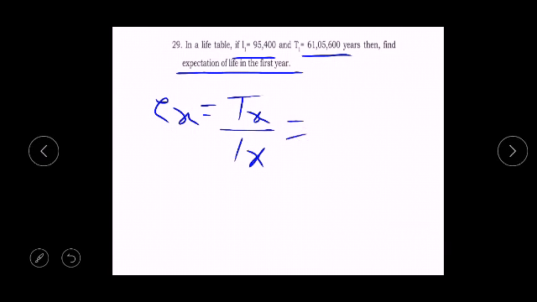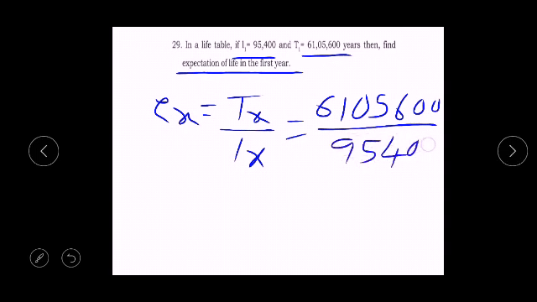So T1 is 61 lakh 5,600 divided by 95,400, which comes to 64. So the expected life in the first year is 64 years.